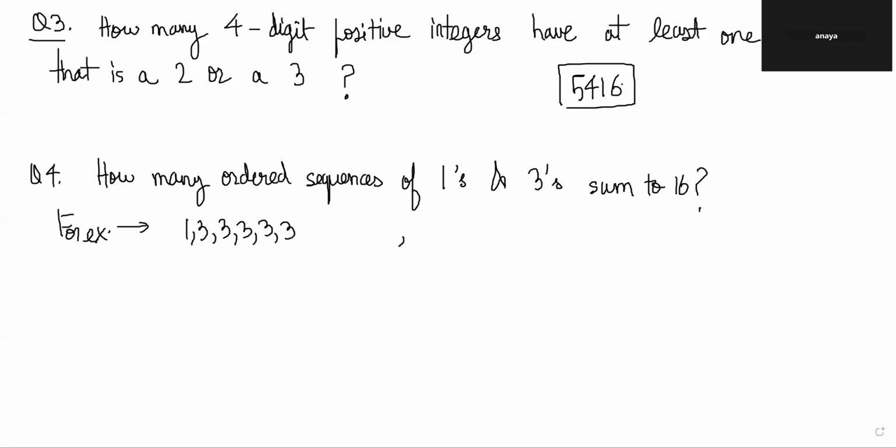Another ordered sequence would be this. These are two different ordered sequences of ones and threes that sum to 16. You have to find how many such ways you can put ones and threes in a certain order to add up to 16.